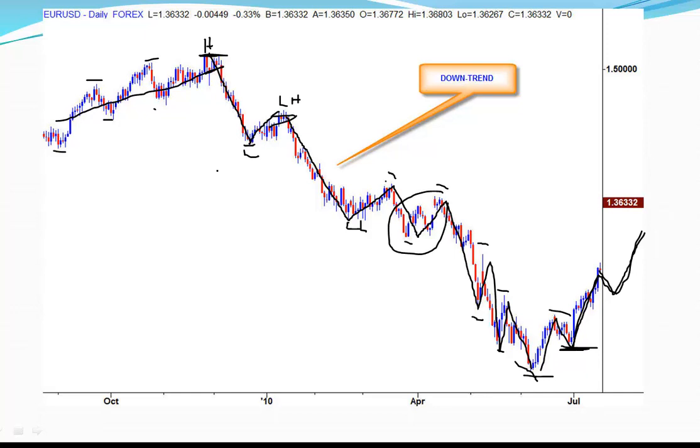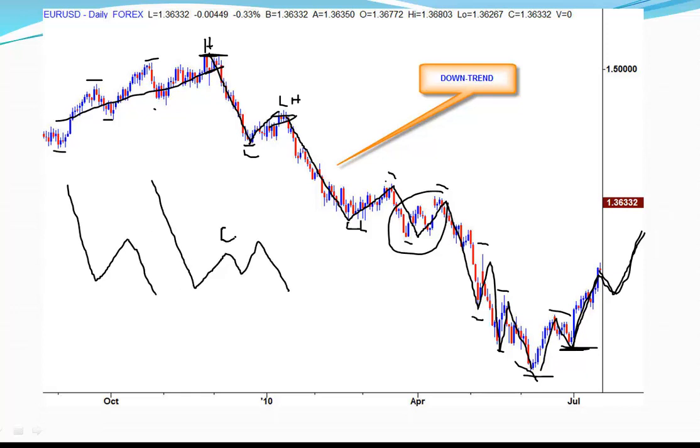This is basically a simple one. A simple pullback would be: here's a move down, and here's your pullback, your retracement in a trend. A complex one would be: here's a downtrend, here's a bounce, here's a failed test to try to make a new low, here's a bounce, and then a continuation.